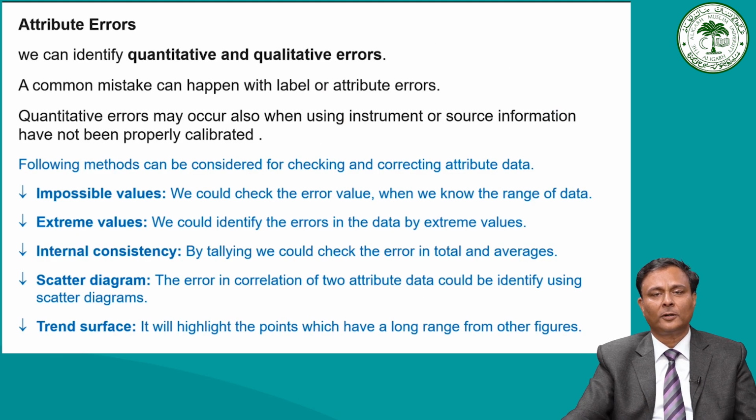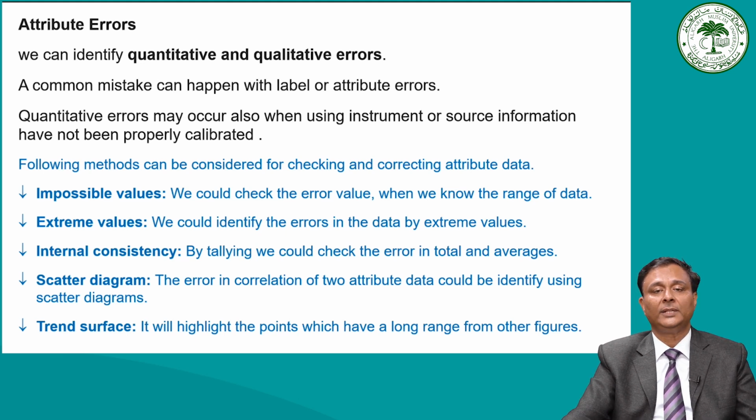Then another important type of error, I would say, is the attribute errors. So we all know that in spatial information there is also attribute information linked to the spatial information. So attribute data may also have some errors, but they can be identified easily by manual methods and we can compare with the original data.